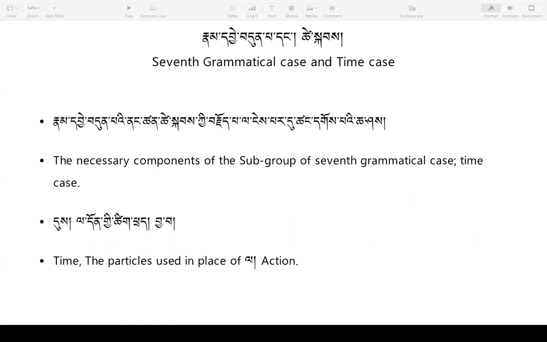The necessary components of the subgroup of seventh grammatical case, time case. So the components which are necessary or important, that must be there in the subgroup of the seventh grammatical case, the time case. First, tu, which is time. Then, la doing the particle used in place of la.